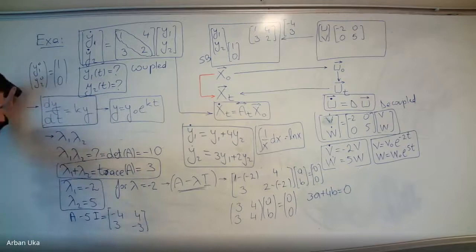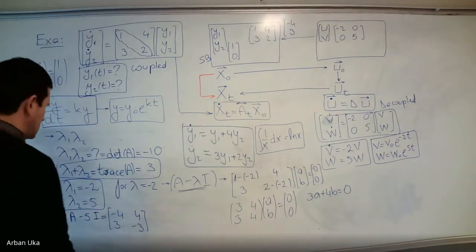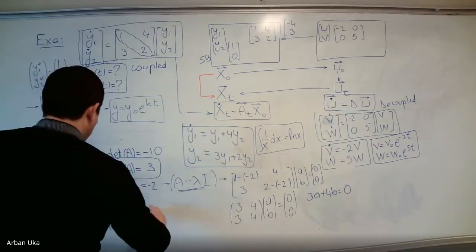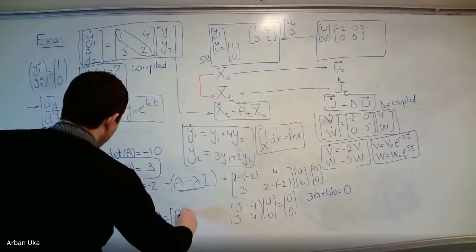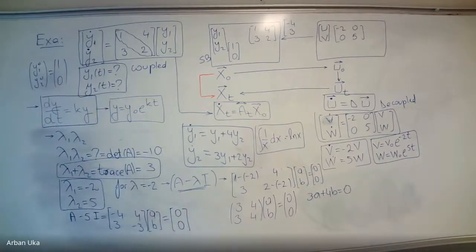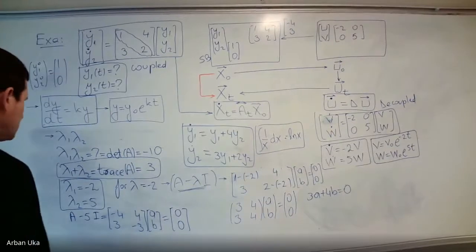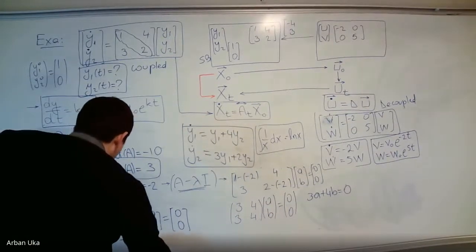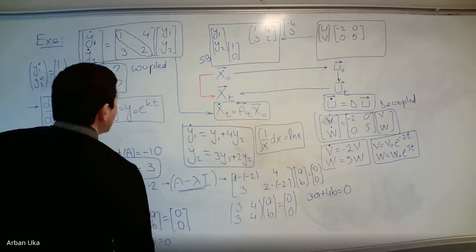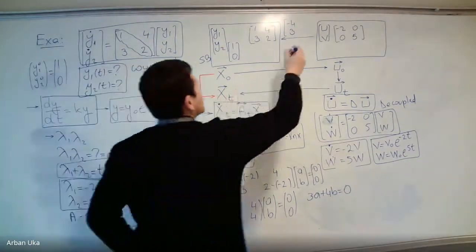Are these two rows linearly dependent? Yes, they are dependent. So what is a pair of A and B that satisfies this condition? We get minus 4A plus 4B equal to 0. So 1 and 1 is an option, right?